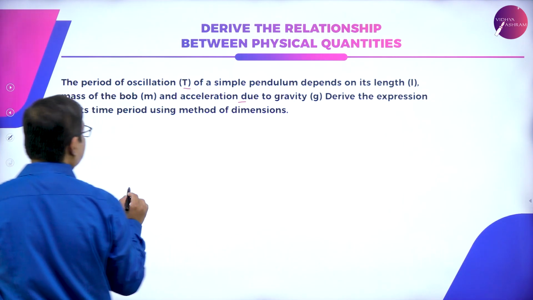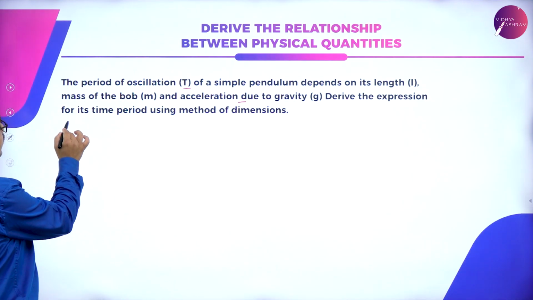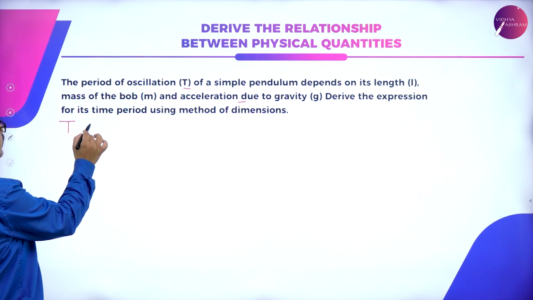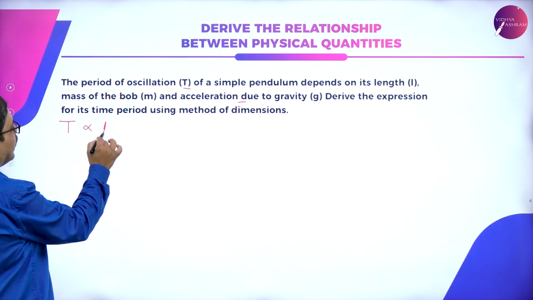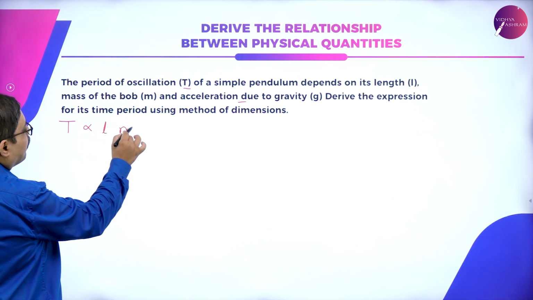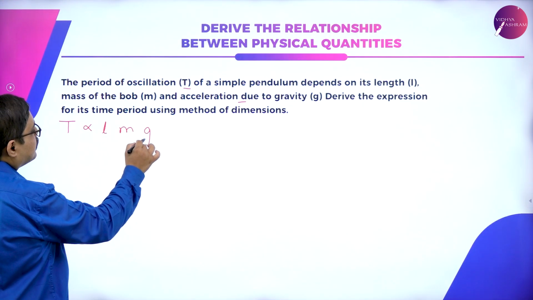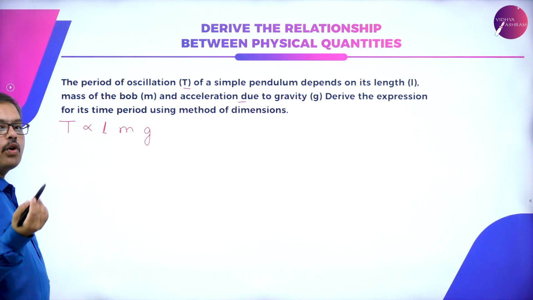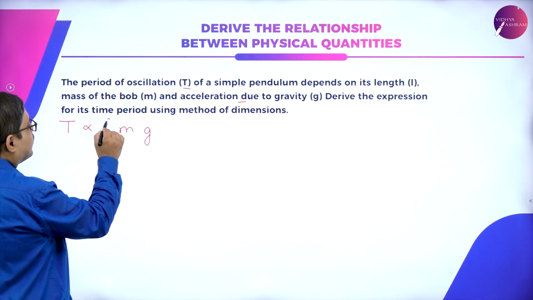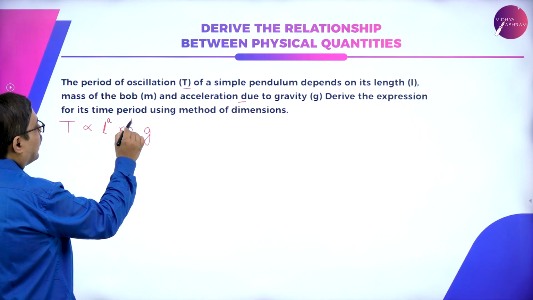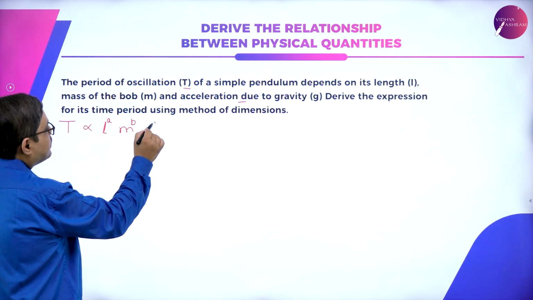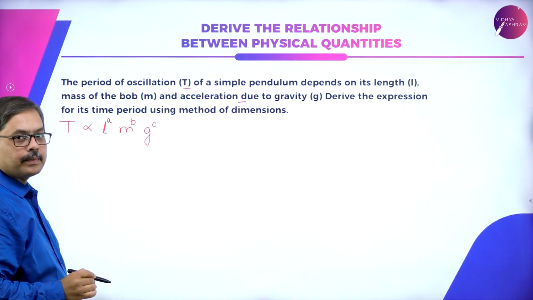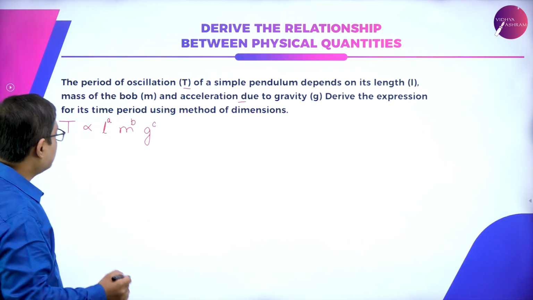Let us take the mathematical equation. T, the time period, is proportional to the length, the mass of the bob, and the acceleration due to gravity. I don't know what is in the powers, so let me imagine it as L to the power A, M to the power B, and G to the power C. How to mathematically resolve this?